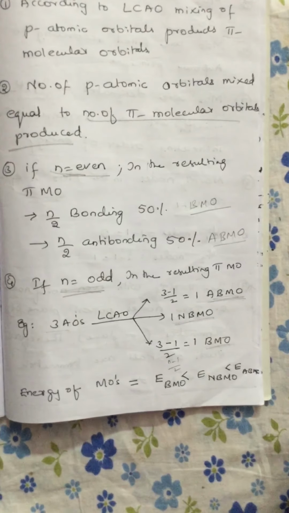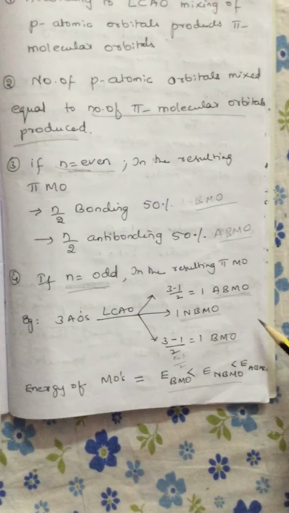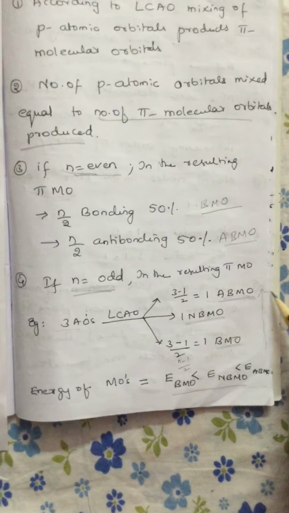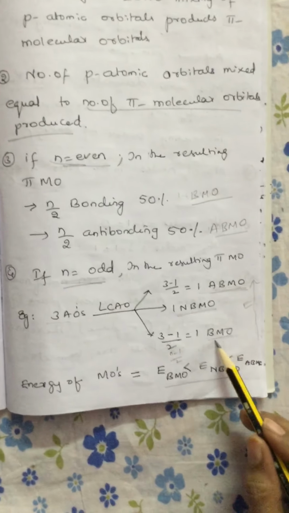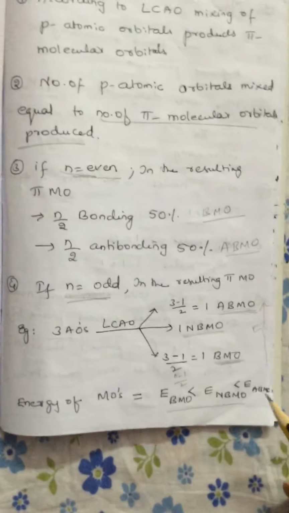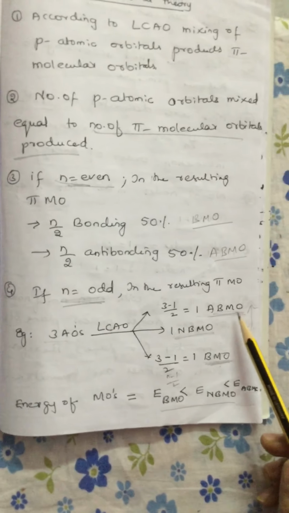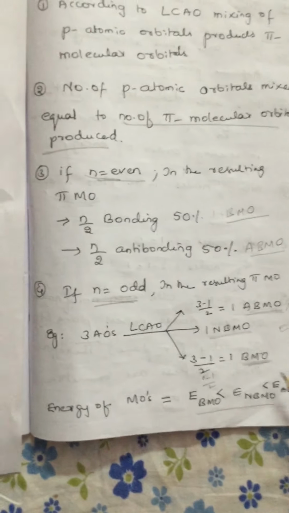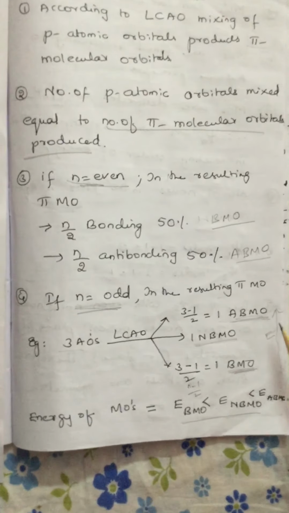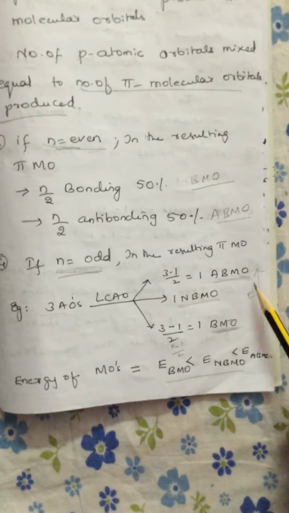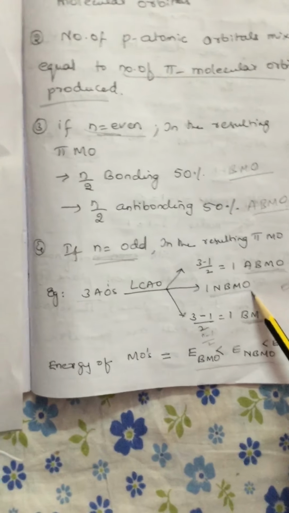Now energy wise, I have mentioned the sequence here. If on the y-axis you take the energy, the least energetic is the bonding molecular orbital, followed by the non-bonding, followed by the anti-bonding molecular orbital.